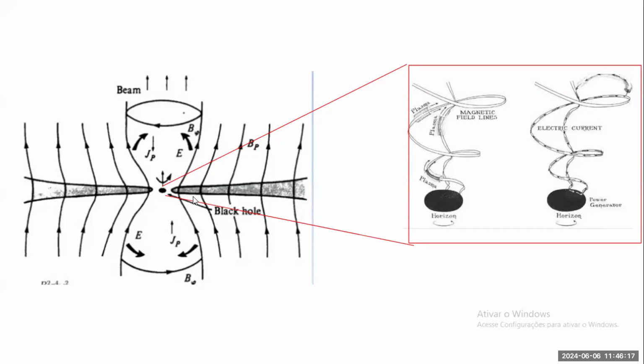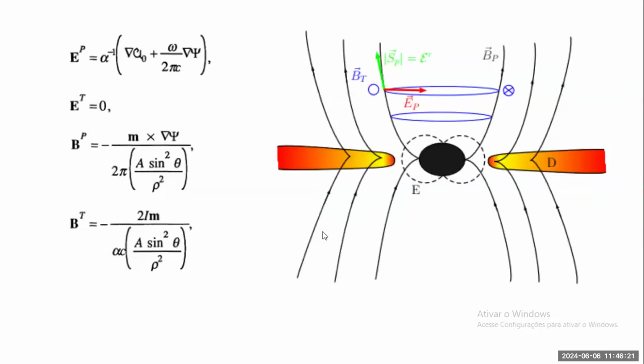And it's very interesting because in this other cartoon here, we have again the depiction of the magnetic field lines coming in, encountering the black hole.